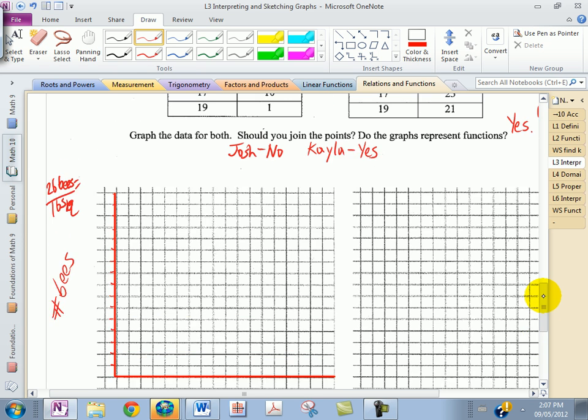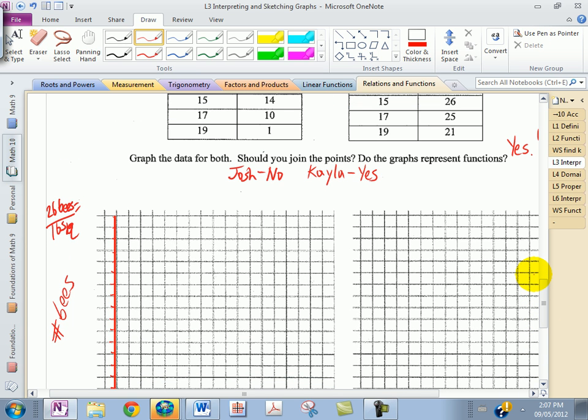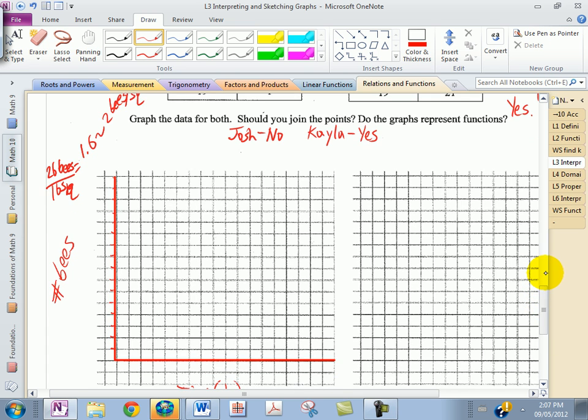What'd you get? 1.6 something? 1.6. So what we're going to do is we're going to put 2 bees per square. Then we can maximize our graph.